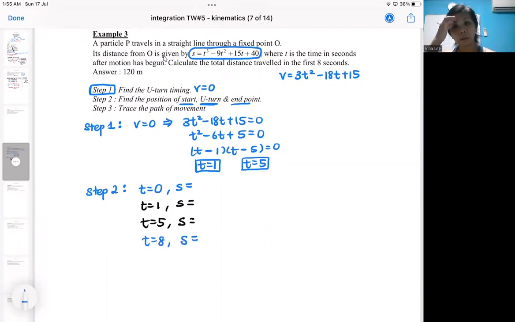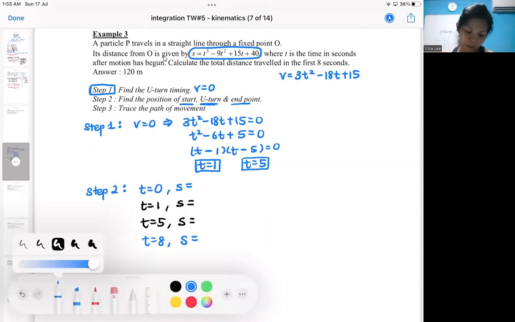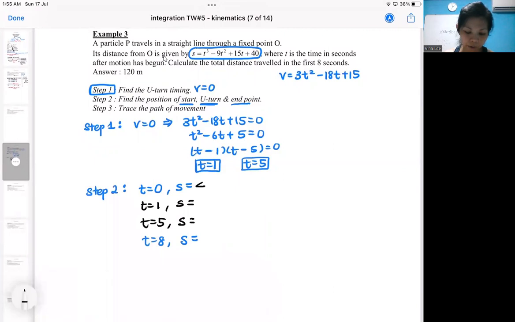So you trace the position first. The displacement formula is like a GPS tracker. It traces the location. So I get a location 40. I get a location 47. Punch your calculator carefully. So I get a location 15.